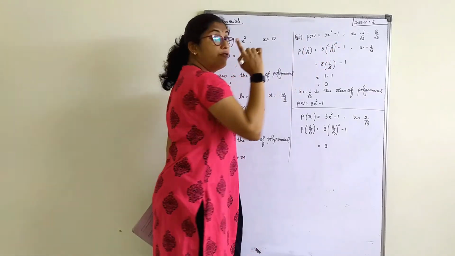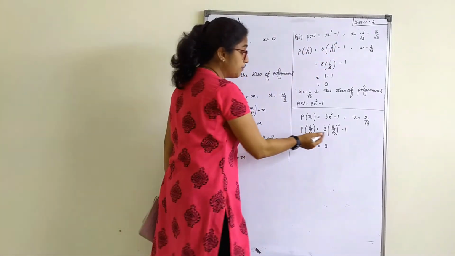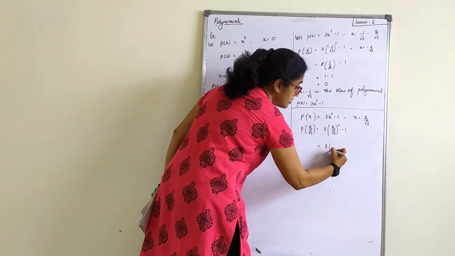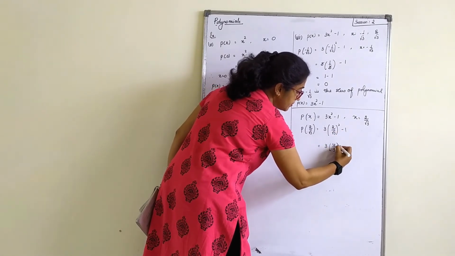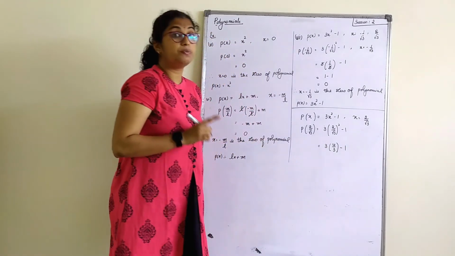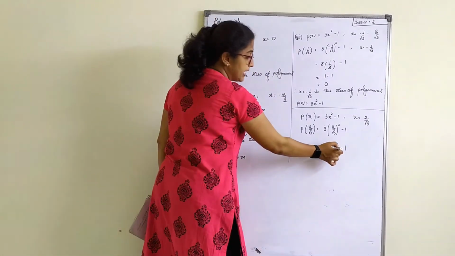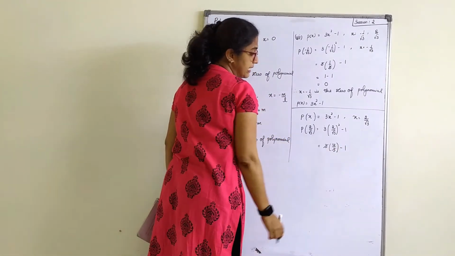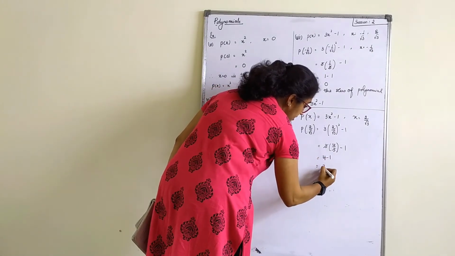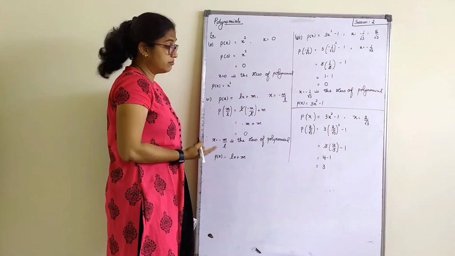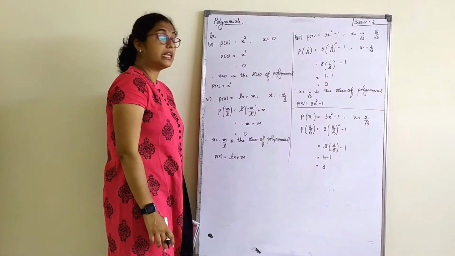So 2 square is 4, right? Root 3 square is 3, correct? You have to be very, very careful with this. Now I can cancel 3 and 3. Yes, I can cancel 3 and 3. What remained? 4 minus 1 is equal to 3. Is it a zero of the polynomial?